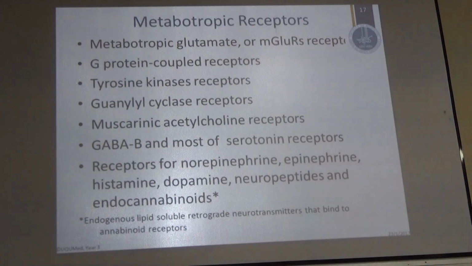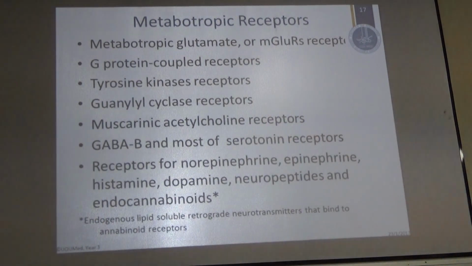But GABA B and most of the serotonin receptors are second messenger, signaling related, and you can say metabotropic receptors, and receptors for norepinephrine, epinephrine, histamine, dopamine. We don't go into the detail of the types of norepinephrine, just as general knowledge.